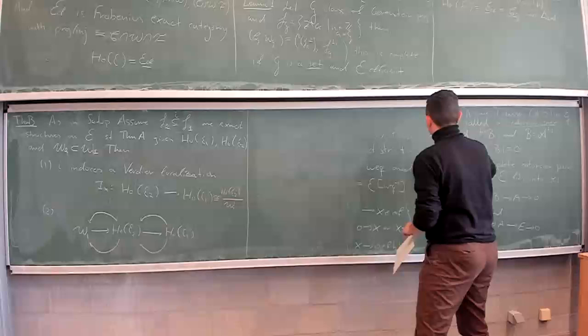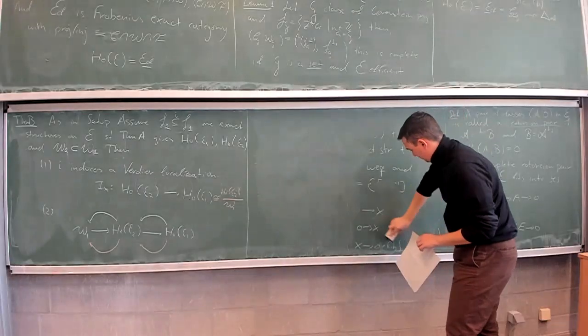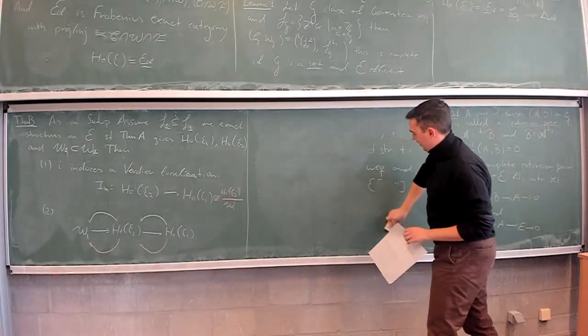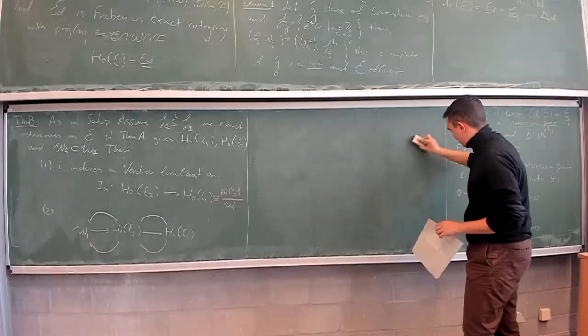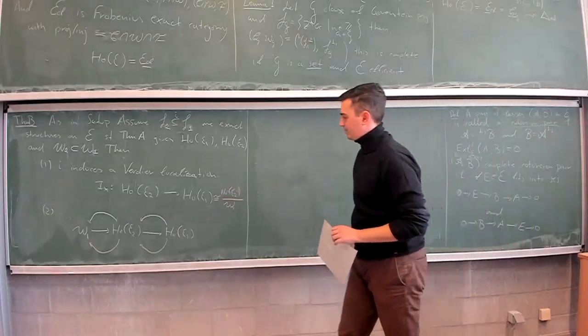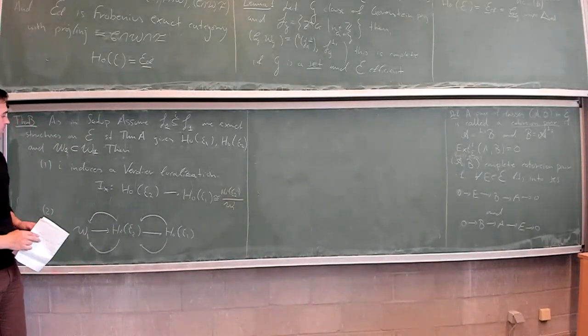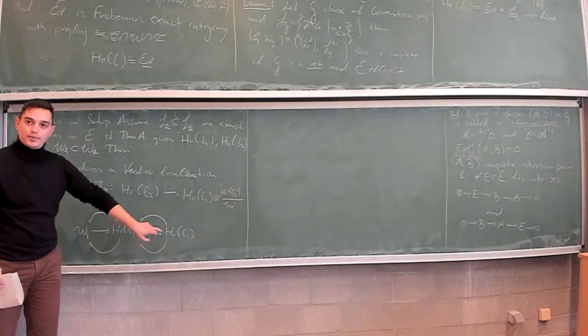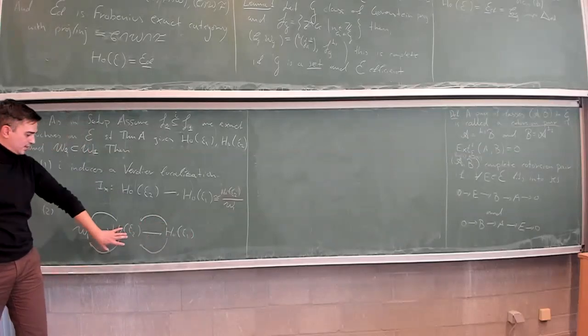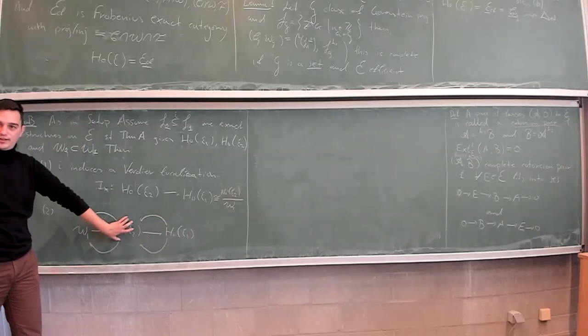But before I give you the application, I would like to comment a little bit on that theorem. Something that I found a bit peculiar is that these adjoint functors here mean that this homotopy category fully embeds inside this homotopy category.